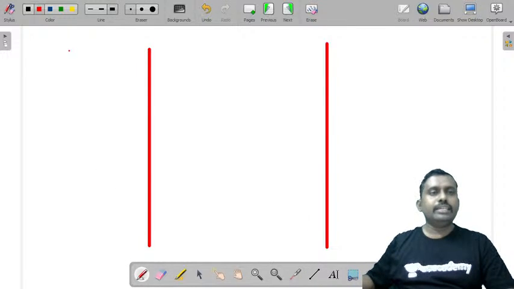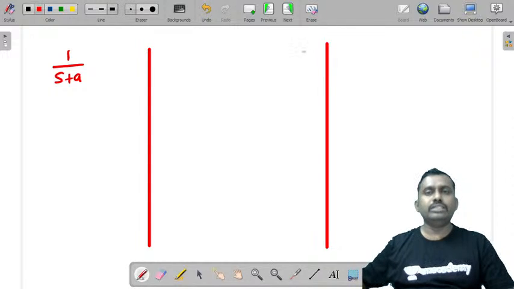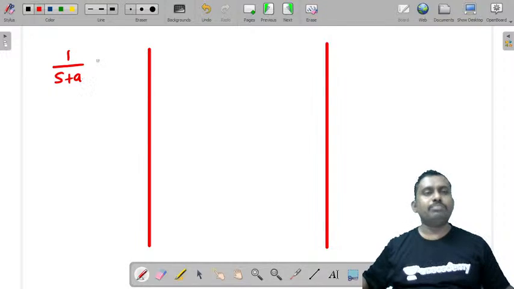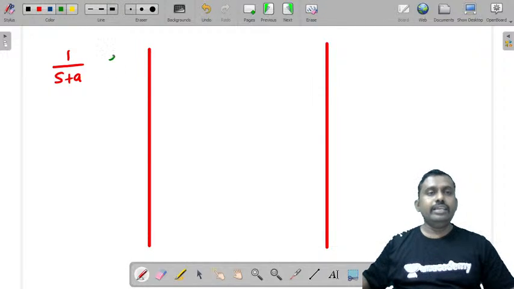Now if you consider 1 by s plus a as your transfer function, the response of this, if you apply Laplace inverse of 1 by s plus a, is e power minus at.